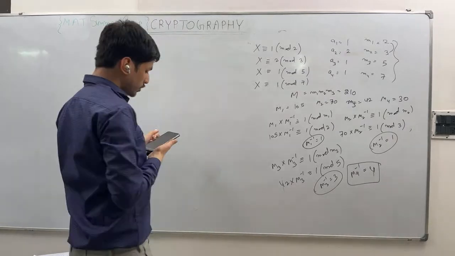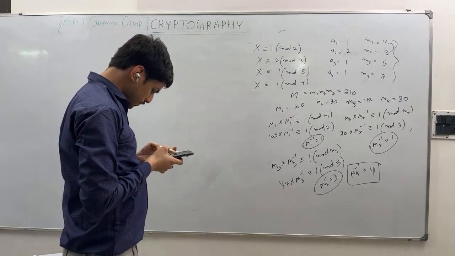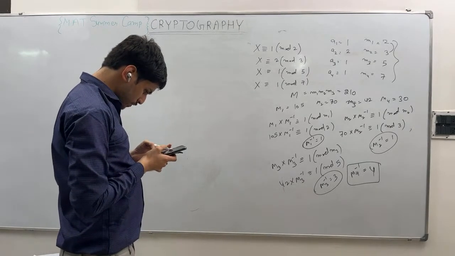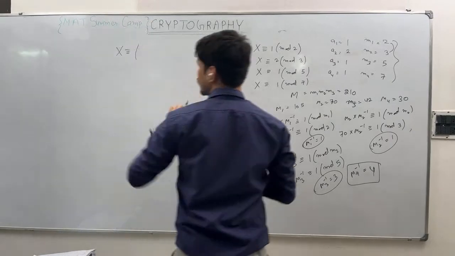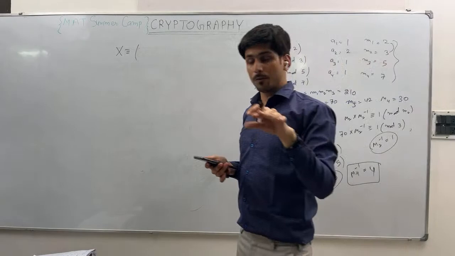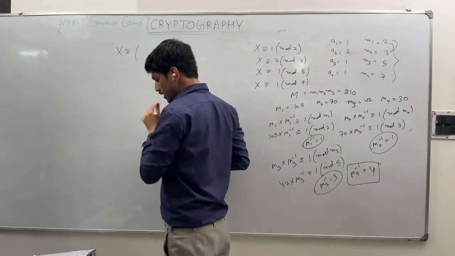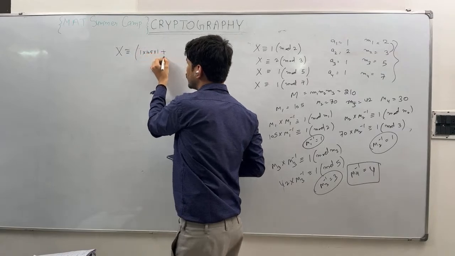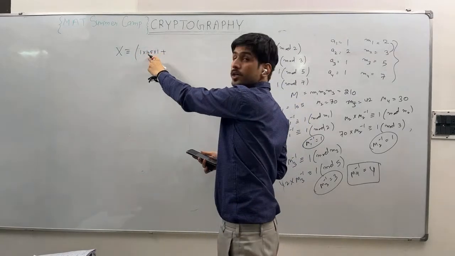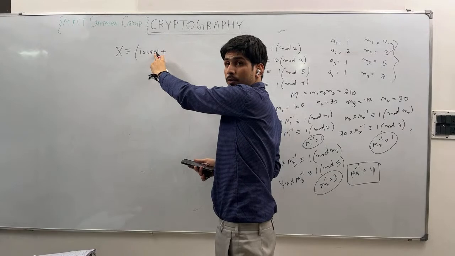Now let's move to x. How do you find x? That is a1 capital M1 M1 inverse. I'm directly writing a1 is 1, this is 105, and M1 inverse is 1. Is it clear? A1 capital M1 M1 inverse.